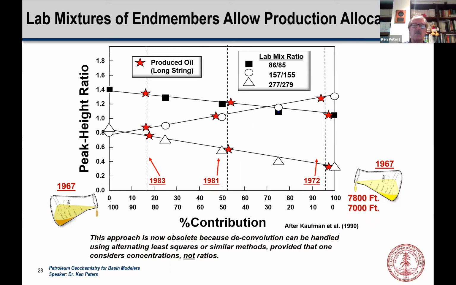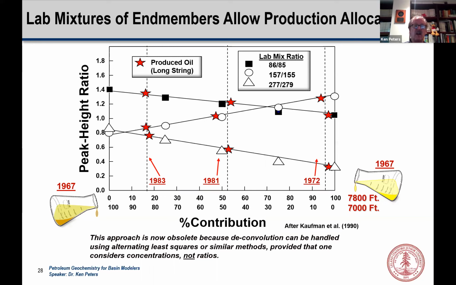So this is the peak number on the chromatogram. You know, these capillary chromatograms have literally hundreds or even thousands of peaks that are suitable. So here's 86 to 85. And in 1967, yeah, it plots right there. And right then, he's mixing that 7,800 foot end member with the other end member, the 7,000 foot end member.